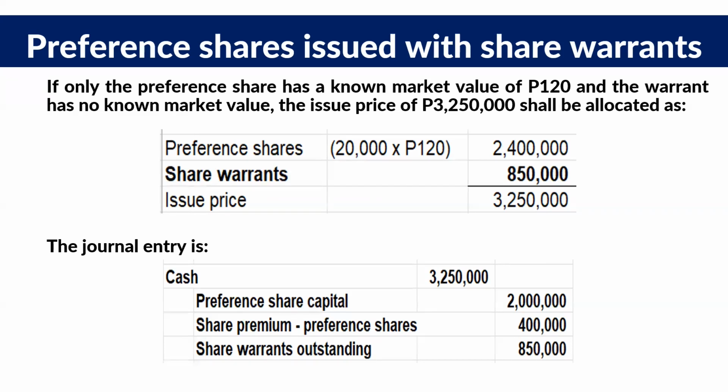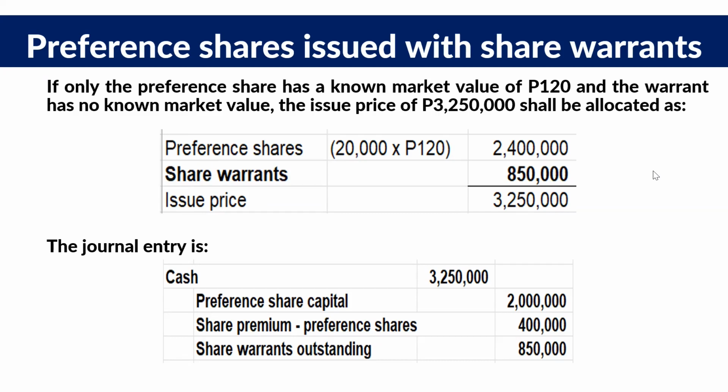Residual approach means that for the security that has a market value, you allocate the total issue price to it first. You take the market value of the security with a known market value, and then the excess becomes the allocated amount for the remaining security, which in this case is the share warrants. In the example given, what if only the market value of the preference shares, 120, is available, and the market value of the share warrants is not known, and the issue price is 3,250,000.